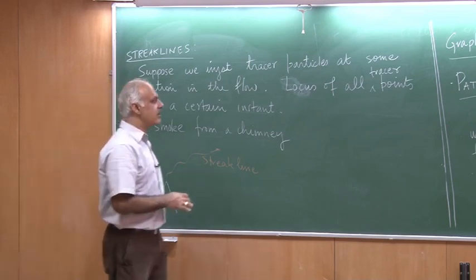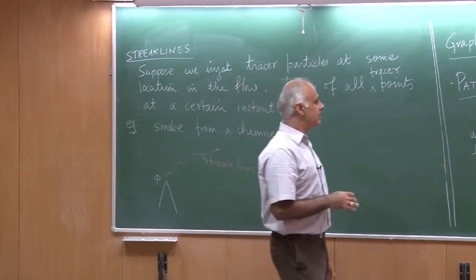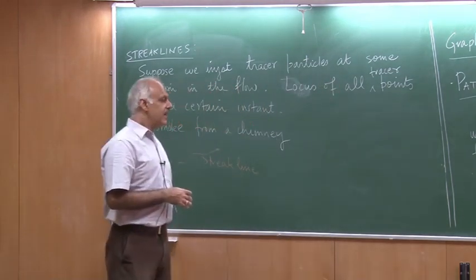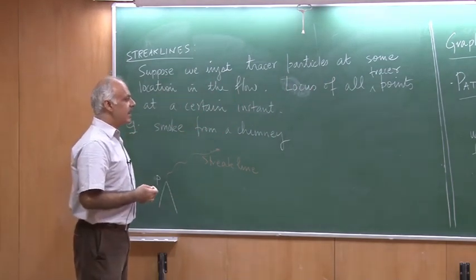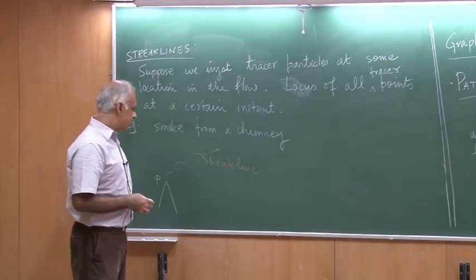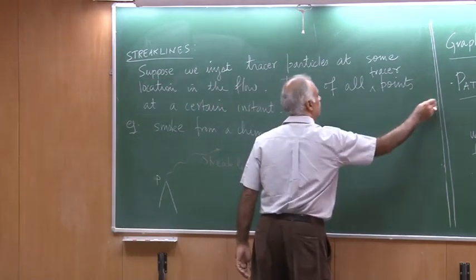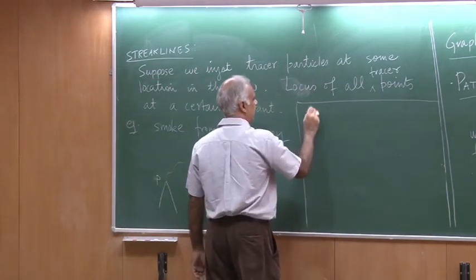So we have now three concepts: streamline, path line, and streak lines. Okay? And how are they related? I would like to explain this to you through an example. So let's consider an example.